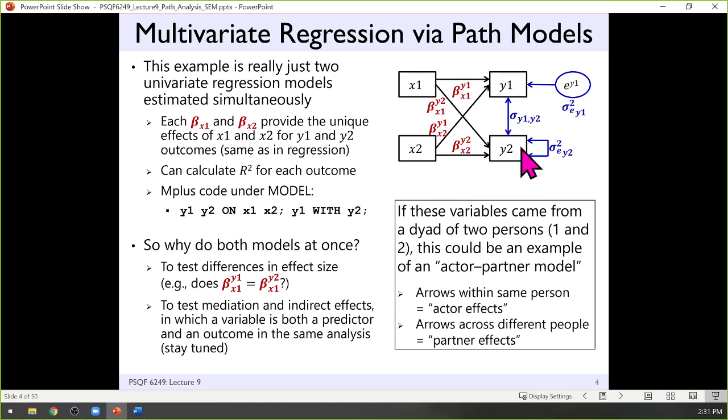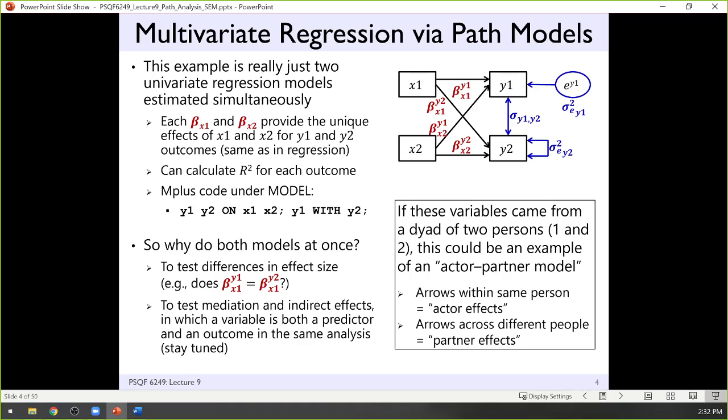This type of formulation in particular, do any of you do dyadic data? Like people who are in families or relationships? Okay, well there's a particular type of model called the actor-partner model. That's this.